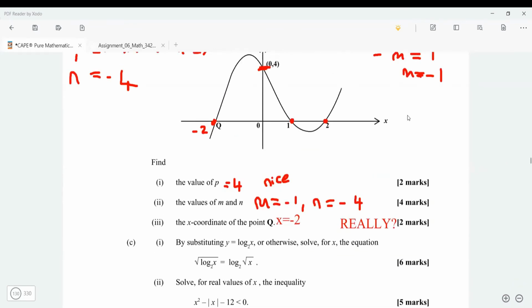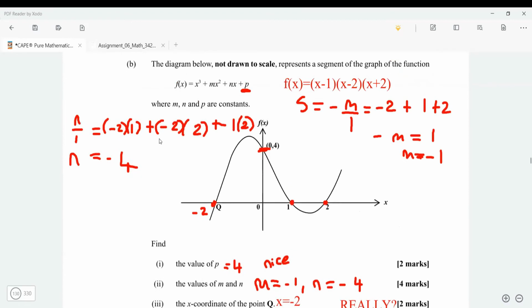Now remember we said that p is 4, right? We said this value is 4, agreed? Yes, sir. Now if this value is 4, we first write out the factors. We said that since x equals 1 is a root, x minus 1 is a factor, right? Yes. And x minus 2 is a factor, because the root is 2.